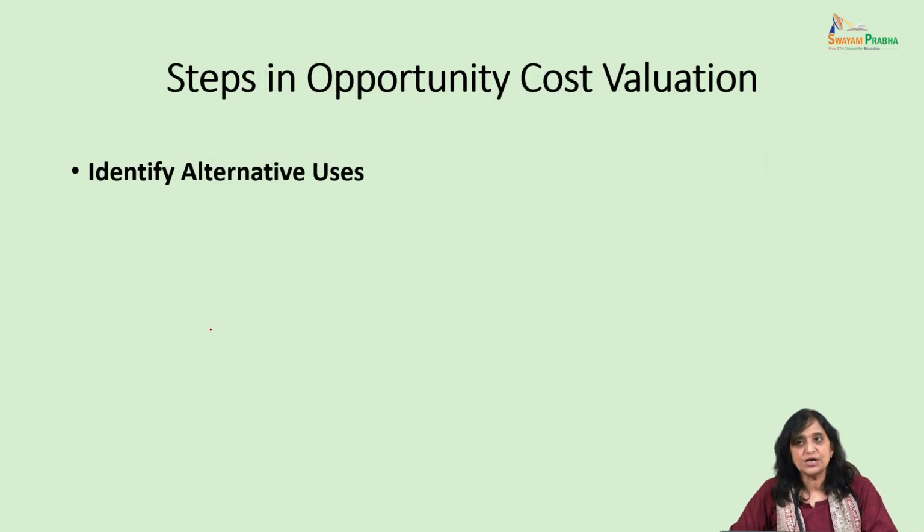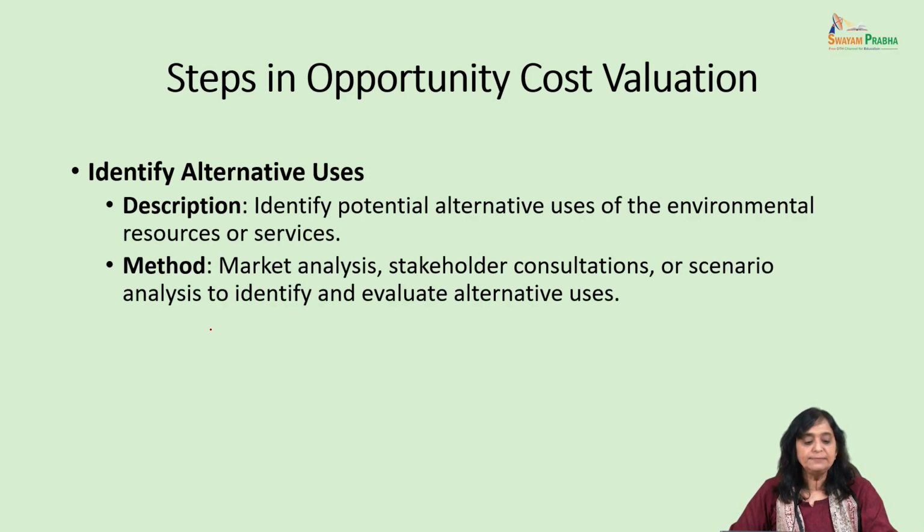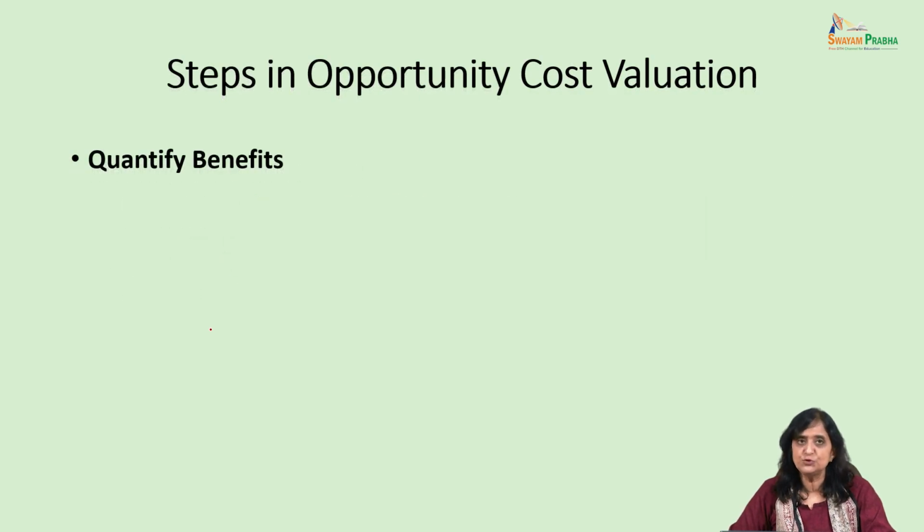There are a few steps involved in the opportunity cost valuation. The most important being, you have to identify the alternative uses. For example, we identified the alternate uses of a forest for timber production or for agriculture. Then you have to do a market analysis to understand who the stakeholders are, what scenario is going to happen, and what the various alternative uses are.